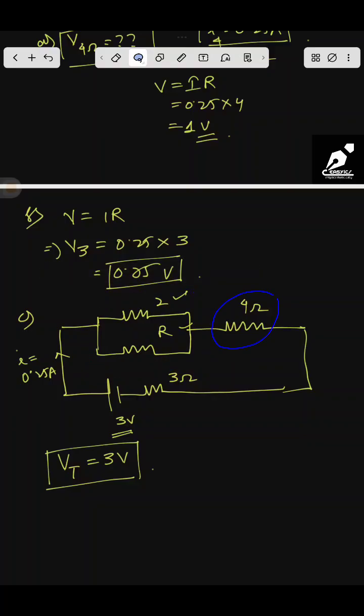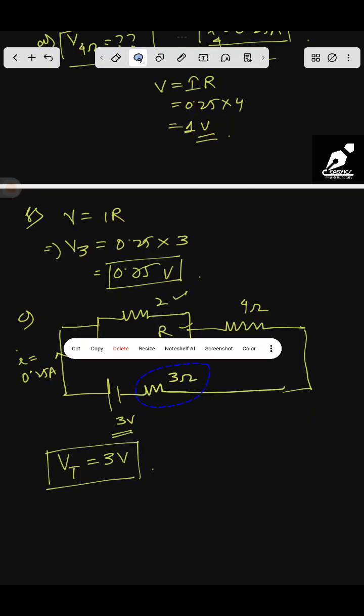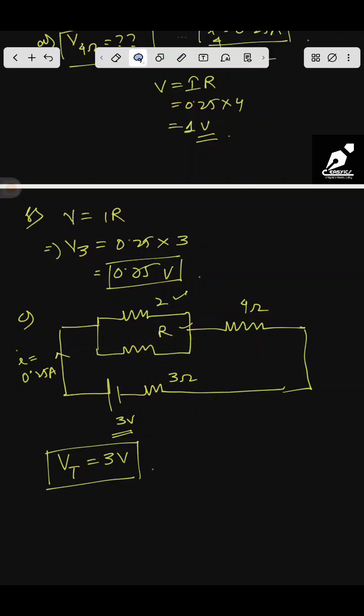Then this part will consume some of the potential. Then this part will consume some of the potential, because the potential is consumed by the circuit so that the current can pass through the circuit. This is one circuit element, this is another circuit element, this is another circuit element. Three of them will be consuming the potential which is coming out of the battery and is equal to 3 volt, right?